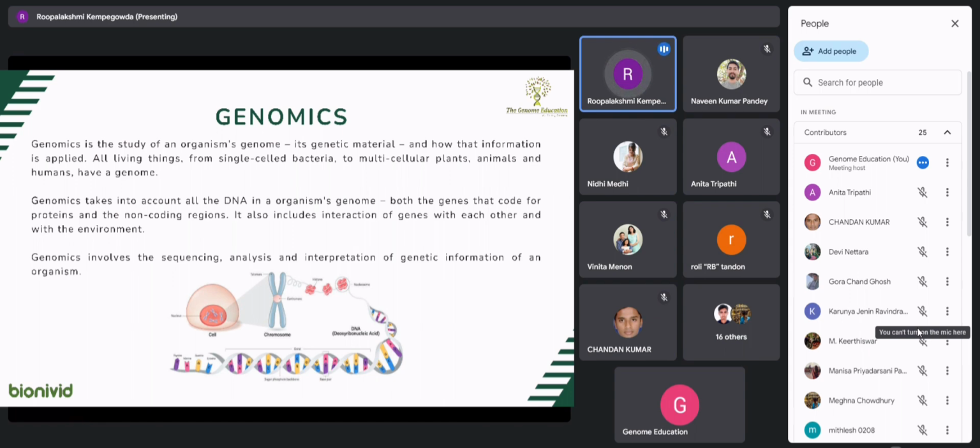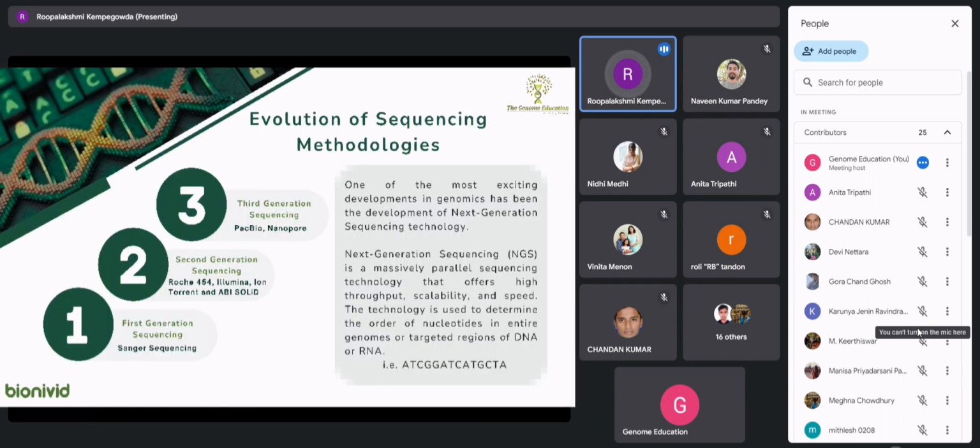To study genomics, sequencing is a technology to understand the pattern of my nucleotides. So as I told you, it is next generation sequencing, or sequencing technology, to address my genome. How did this sequencing technology evolve?